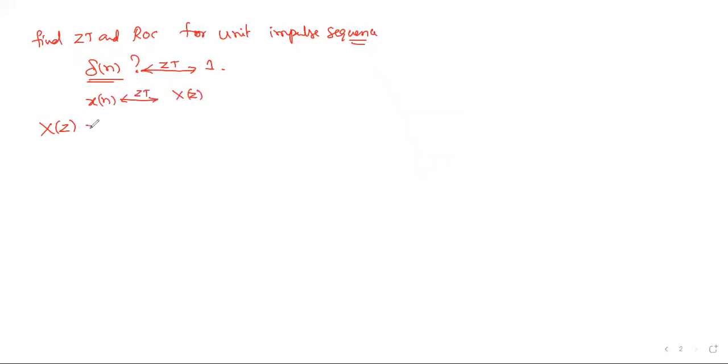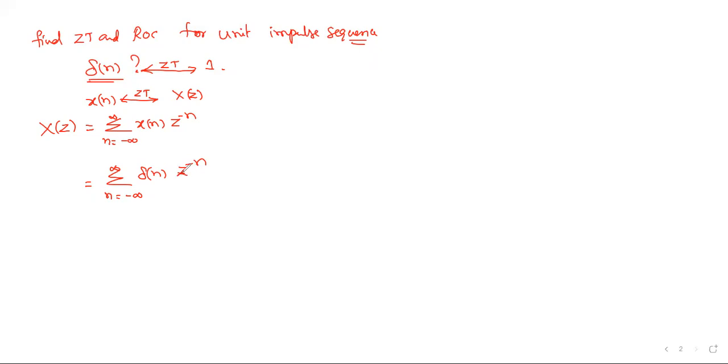What is X of z? X of z is equal to summation n equal to minus infinity to infinity x of n z power minus n. What is x of n? Del of n. Summation n equal to minus infinity to infinity del of n z power minus n.